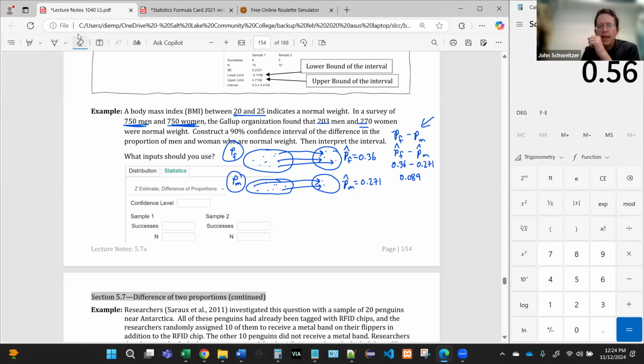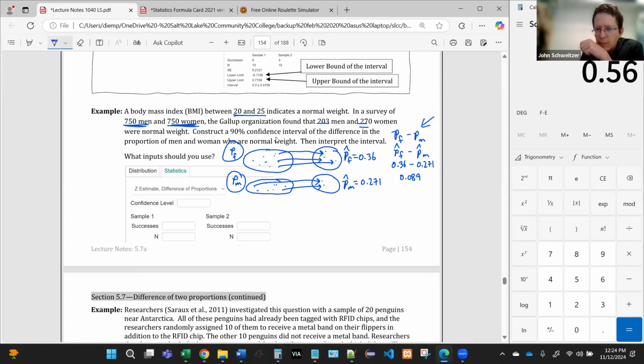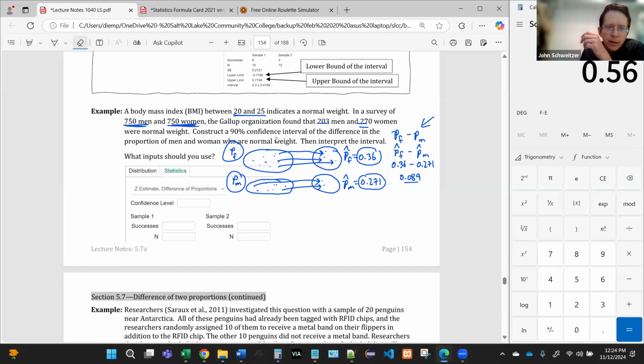And maybe if we did this again, if we took another sample, maybe the sample proportion of females would be lower and maybe the sample proportion of males would be higher. It's very possible. And if that were to happen, then the point estimate would be smaller. Or maybe it might even flip and go negative. Maybe a higher proportion of males are of normal weight than females, right? We just don't know yet.